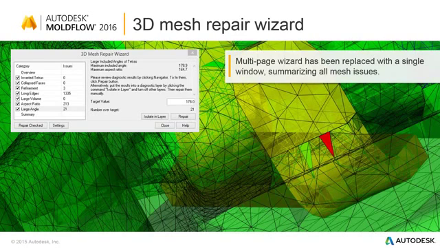And just in looking into why that is, we basically concluded that there was almost no correlation between what you would do as a user in terms of fixing a specific mesh, and getting feedback in terms of what the impact of the fix was on the overall mesh quality.